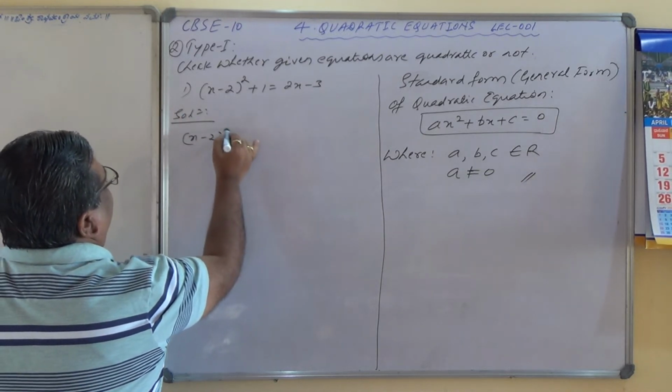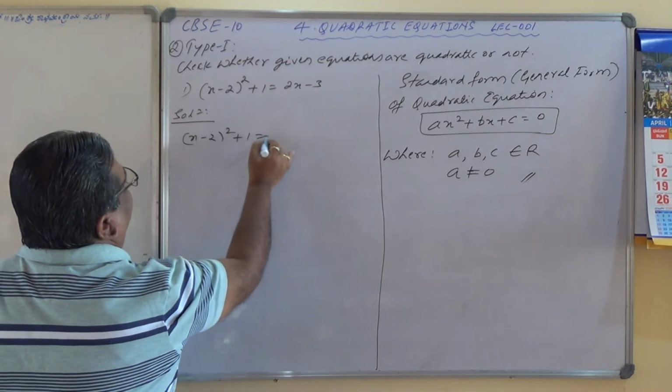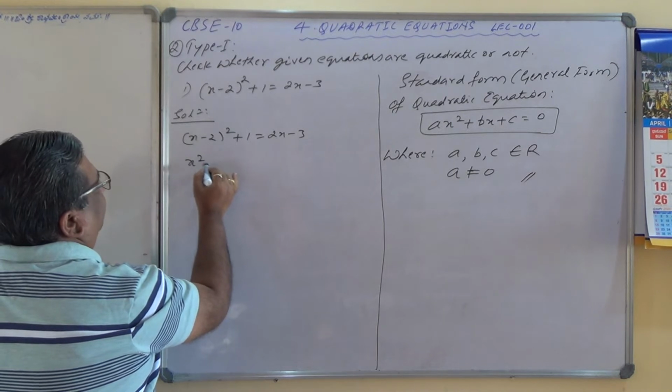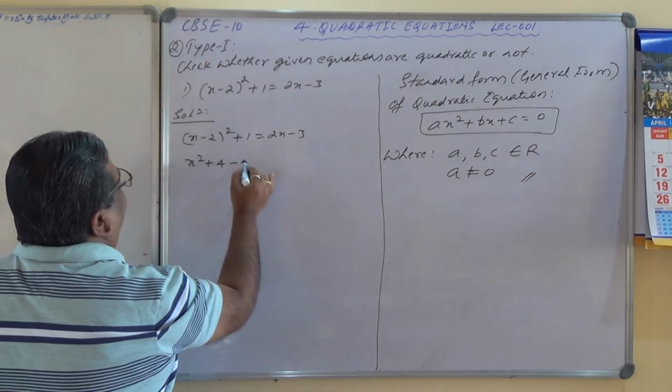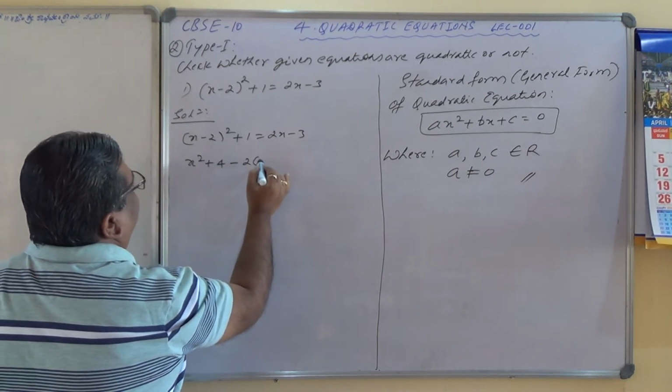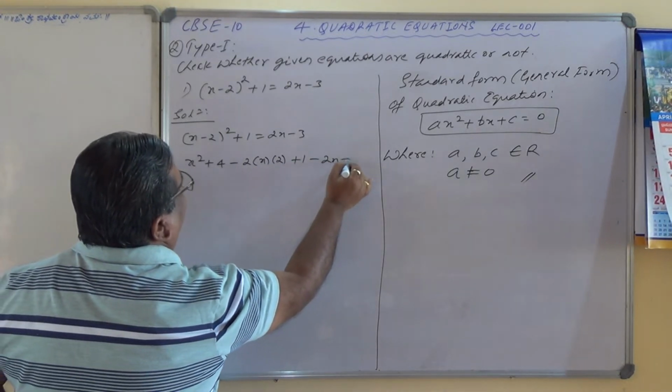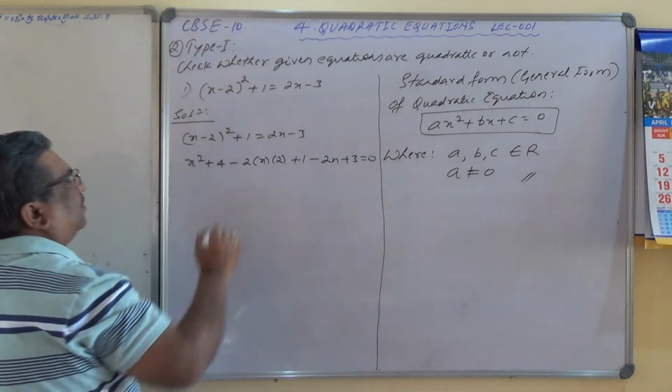(x minus 2) the whole square plus 1 equals 2x minus 3. x square plus 4 minus 2 times x into 2 plus 1 minus 2x plus 3 equals 0. I am transposing.